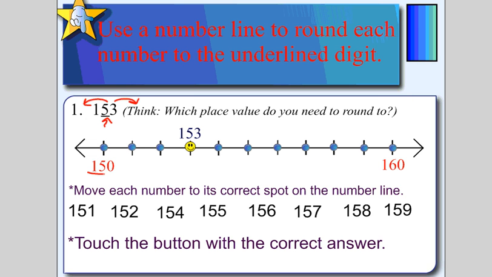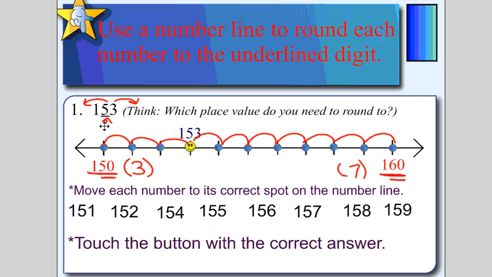In this case, 150 is the 10 before 153. 160 is the 10 after. So I count my jumps again. 1, 2, 3 jumps away from 150, and I am 1, 2, 3, 4, 5, 6, 7 jumps away from 160.